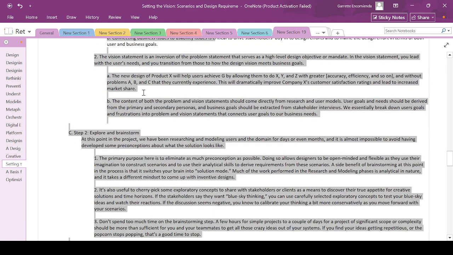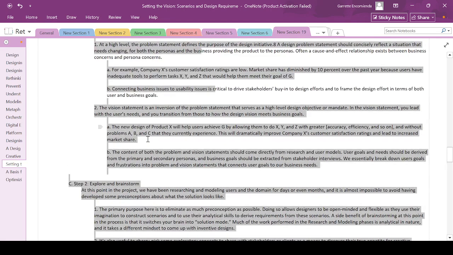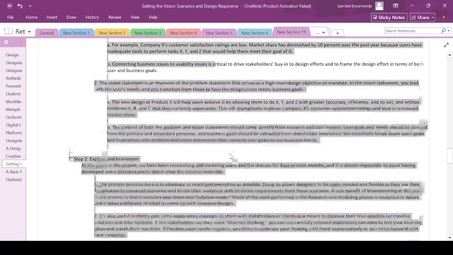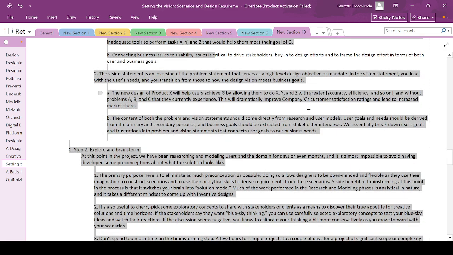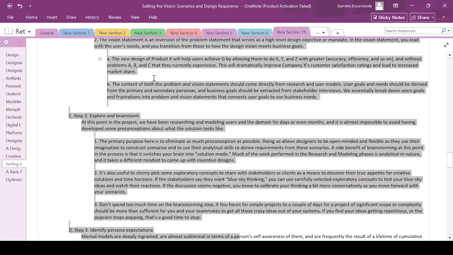So the new design project of X that you are proposing will help users achieve G by allowing them to do X, Y, and Z with greater accuracy, efficiency, and so on, and without problems A, B, and C that they currently experience. This will dramatically improve company X's customer satisfaction ratings and lead to increased market share.